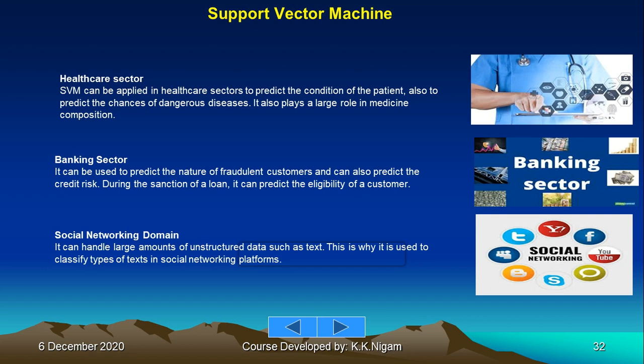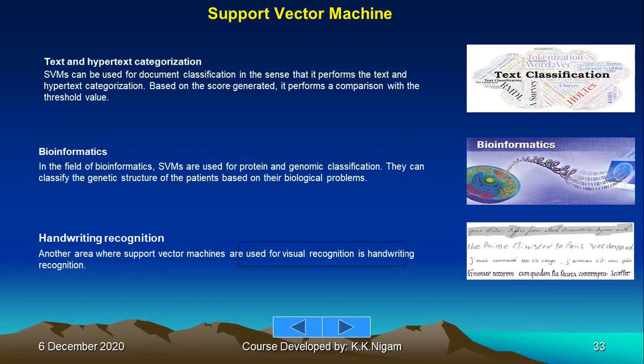This is why it is used to classify types of text in social networking platforms. Then text and hypertext categorization. SVM can be used for document classification in the sense that it performs text and hypertext categorization based on scores generated. It performs a comparison with the threshold value.